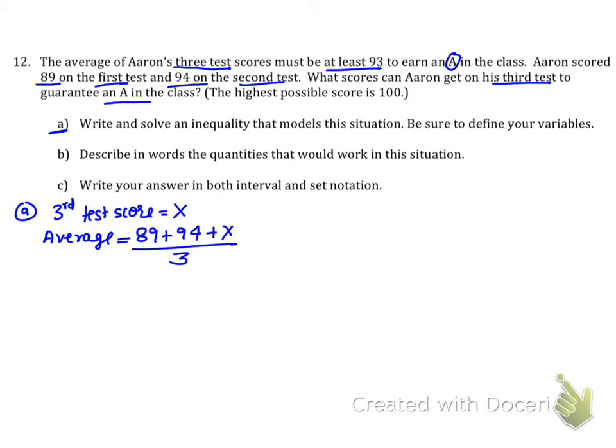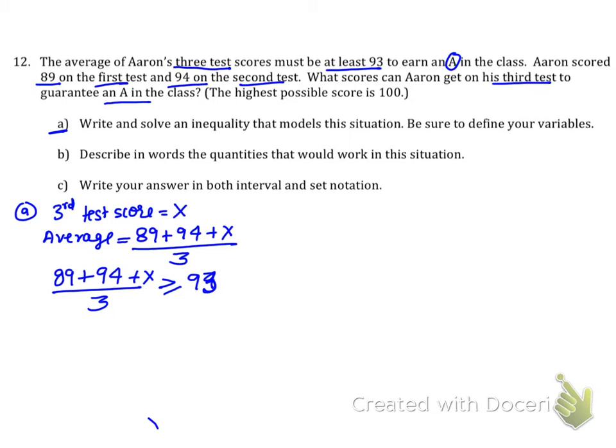So this average has to be at least 93. Means it could be 93 but not less than 93, 93 and above. So this average, 89 plus 94 plus x over 3, has to be greater than or equal to 93.